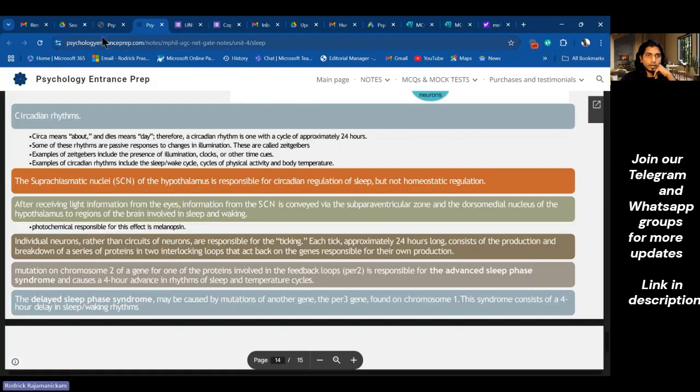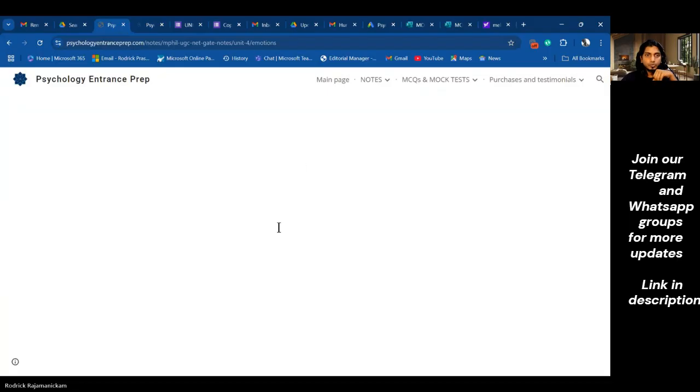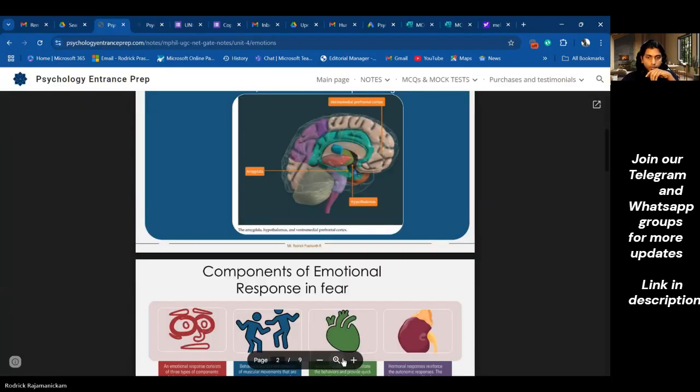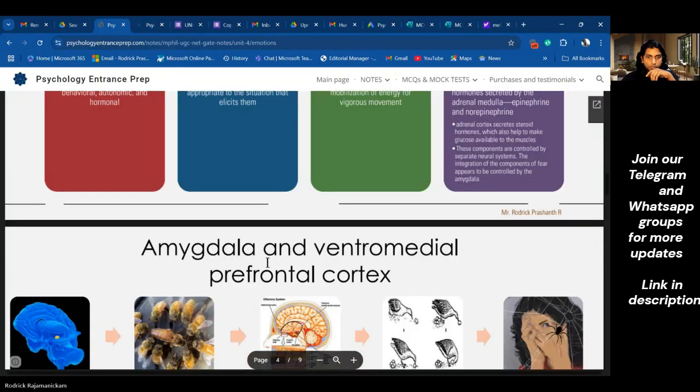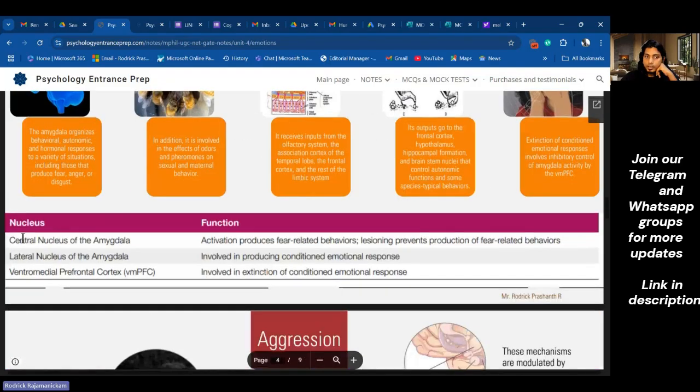So we'll find that here. Alright. So the central nucleus of amygdala produces fear-related behaviors. So if you have lesions there, you have fewer fear-related behaviors being produced. The lateral nucleus of the amygdala produces the fear-conditioned emotional response, like the sensation of fear and, let's say, heart rate increase, breathing difficulty, and so many things.